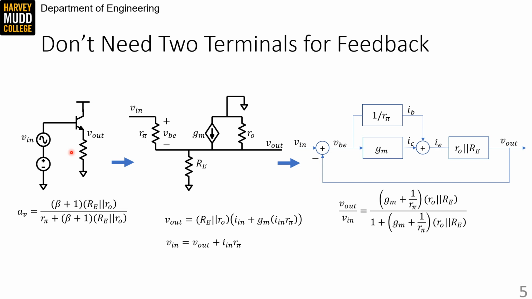That type of feedback is called series feedback, because this is in series with both the output and the input. And you need to watch out for it. I've seen series feedback on the ground node of high-frequency amplifiers cause instability, so it's good to know that series feedback is a thing that can happen.